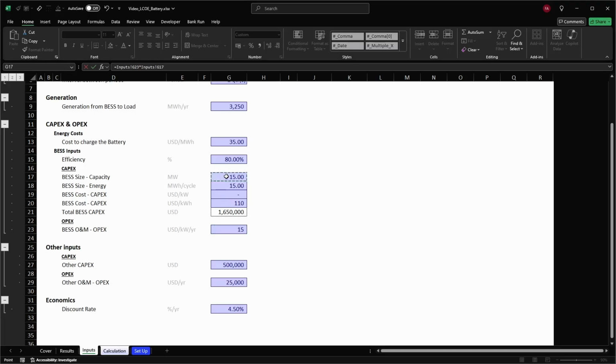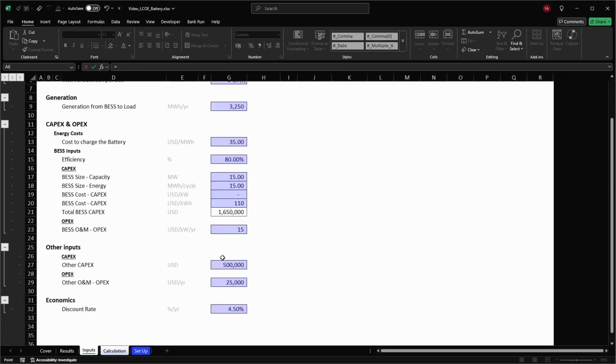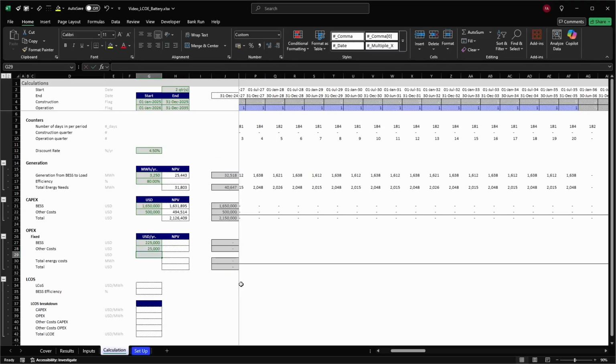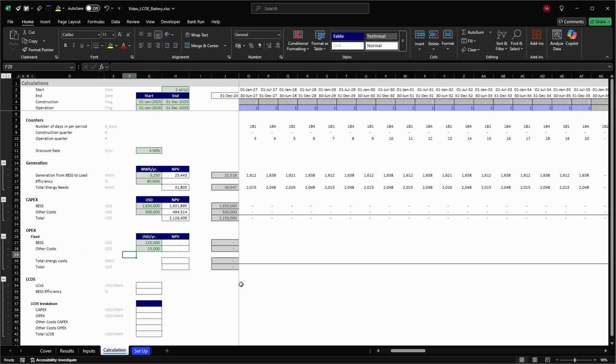We have 50 megawatts times 1000, right? So that's the number for the total cost per year. And the other costs, I think that's the plan number. There we go, $25,000. And this one here we don't need, so let me just delete it.